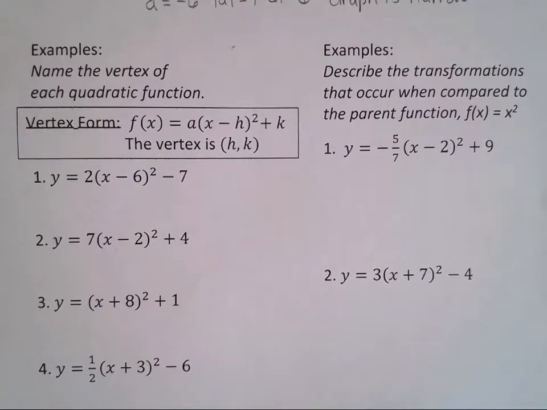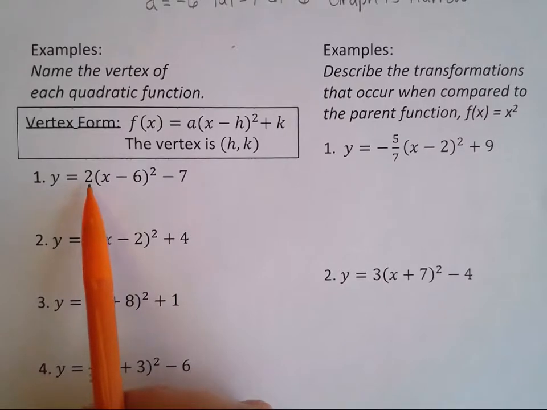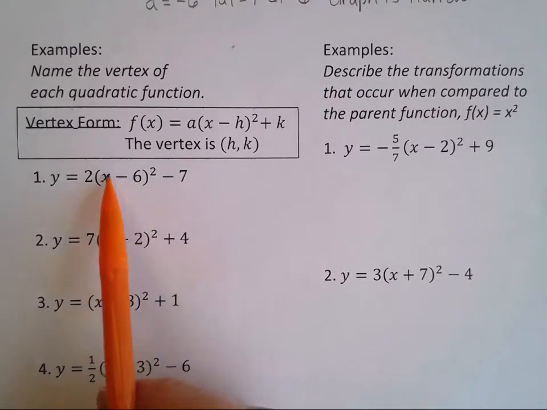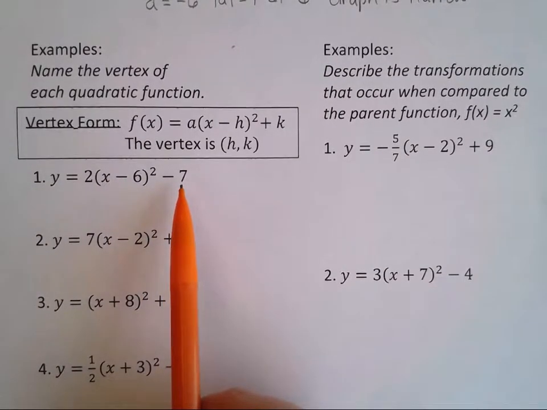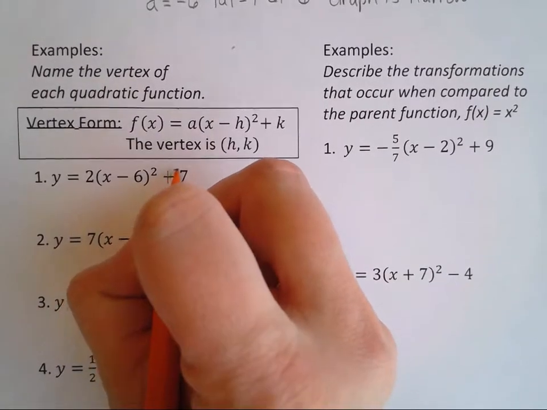So example number 1. We have a as 2, x minus 6 for our x minus h quantity squared, plus k. We don't have that, but we could very easily make this plus negative 7.